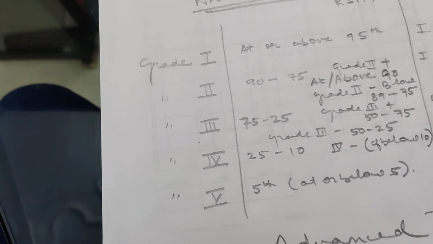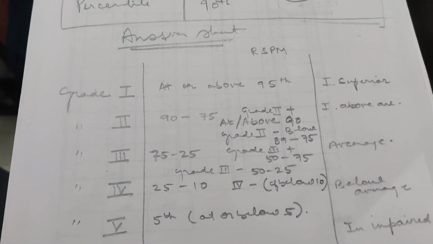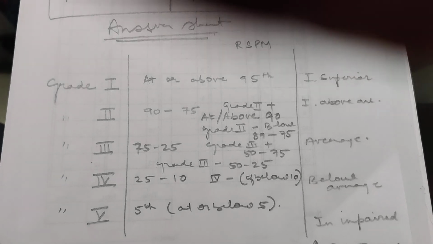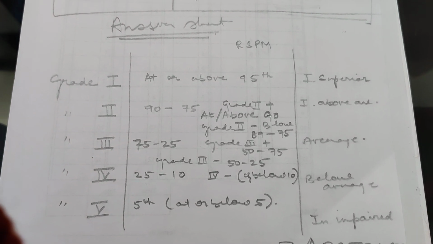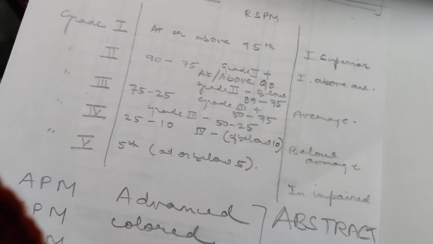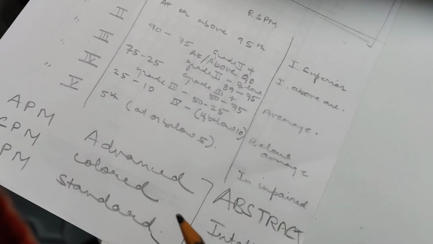Now the thing which you need to learn by heart, you can remember this or take a screenshot of this particular thing altogether. What you have to remember here, please understand it now very carefully. This is grade 1. I am talking first about grade 1.